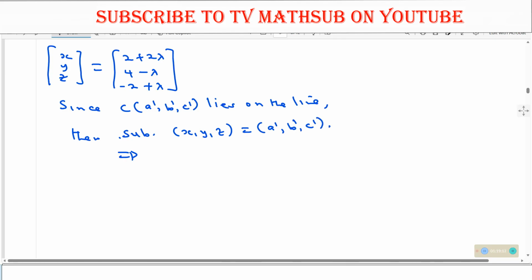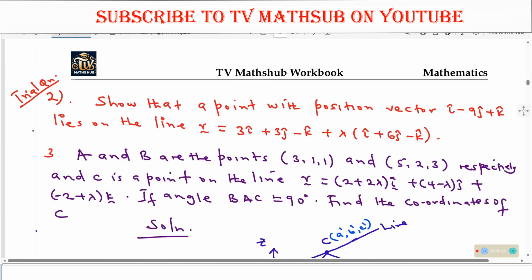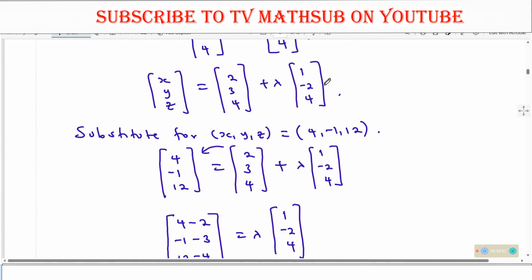Is that one okay? Yes. The same way we did our previous example. We said if 4, negative 1, 12 lies on the line, then you substitute where there is X, Y, Z with this. That is what we did.